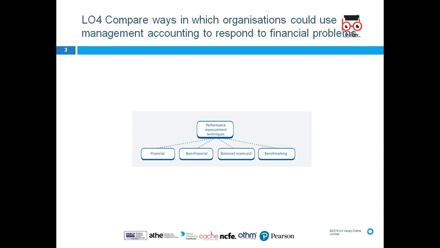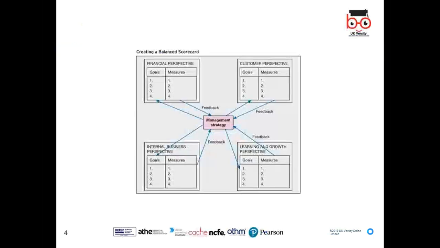Balanced scorecard is a technique where we need to balance the financial perspective, customer perspective, and environmental perspective; we'll go through it. Benchmarking is a key performance indicator. You need to measure our performance against the industry benchmark. Ratio analysis is also performance measurement, which we'll go through.